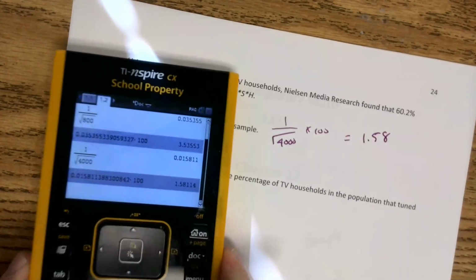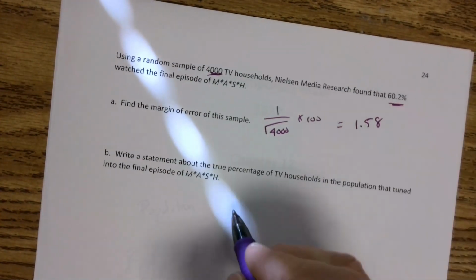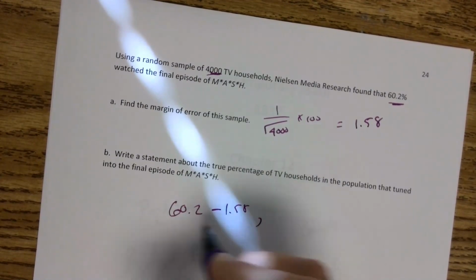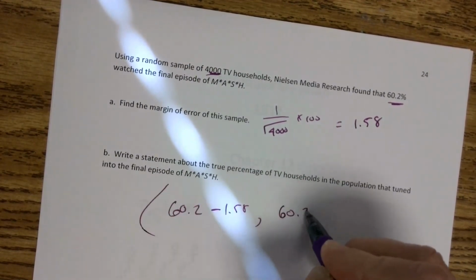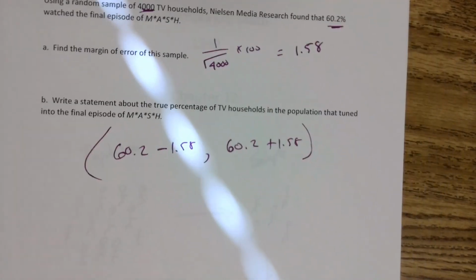That is my margin of error. Okay? So with 60.2, you go 60.2 minus 1.58 to 60.2 plus 1.58, and that gives you the interval.